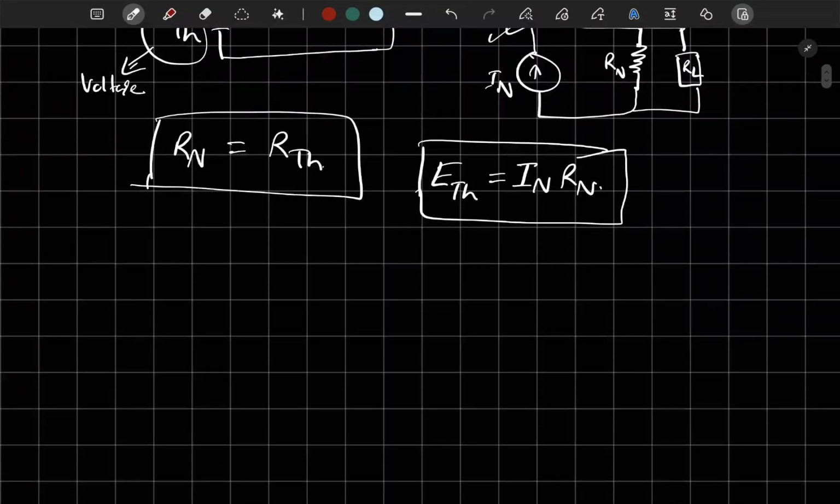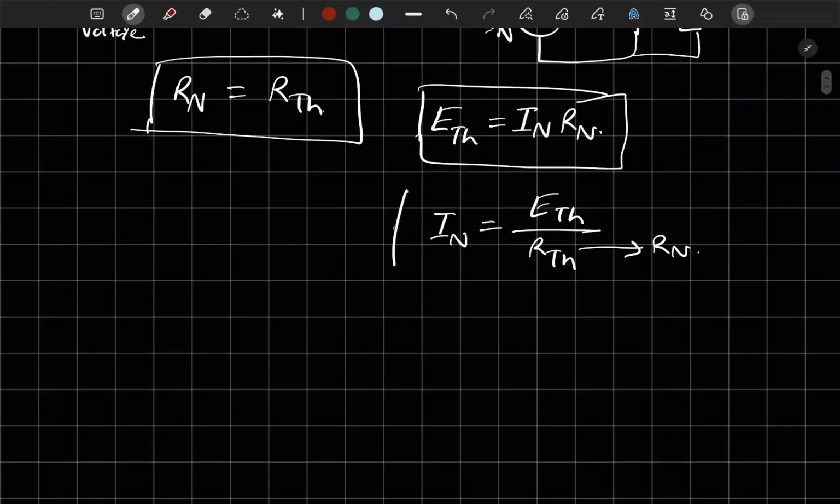And from here we can also calculate IN if we have ETH. Then IN is equal to ETH over RTH. And remember that RTH is the same as RN, right? So we can interchange between them very easily.